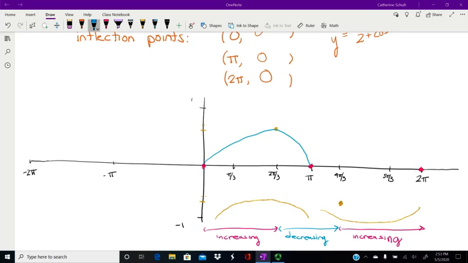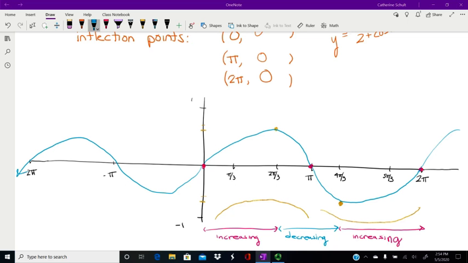Let's see if I can do that better. Okay, and there you go. And then after that point, it's all going to repeat, like a copy and paste. So we can go on and on, and then we can go the opposite direction, forever and ever.